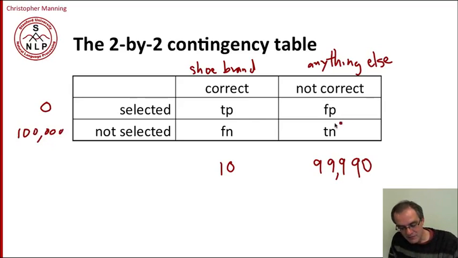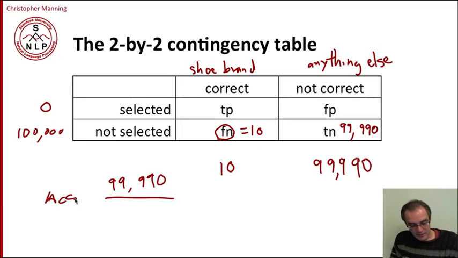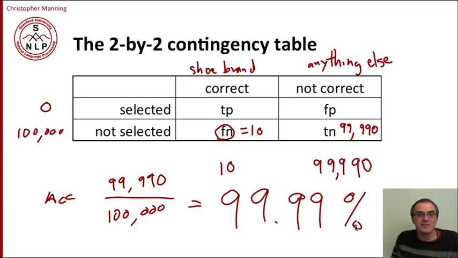And so that means the number of true negatives is 99,990, but there are some false negatives, words that were shoe brands, and the number of them is 10. So if we then actually work out the accuracy of this system, you'll see that the accuracy is 99.99%. So we have a 99.99% accurate system, but the system has done precisely nothing.